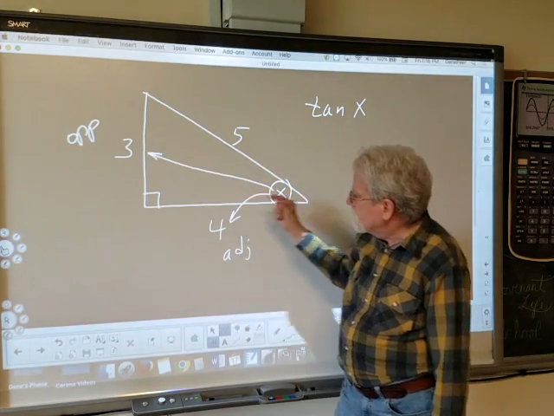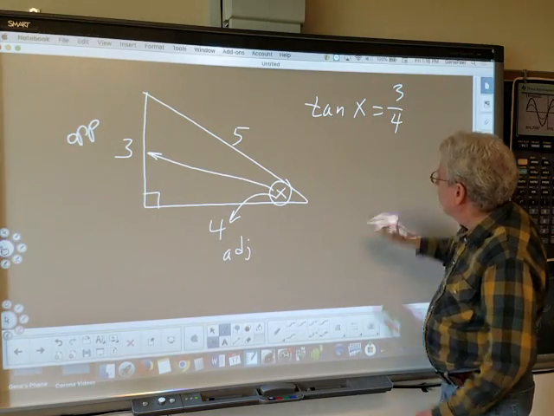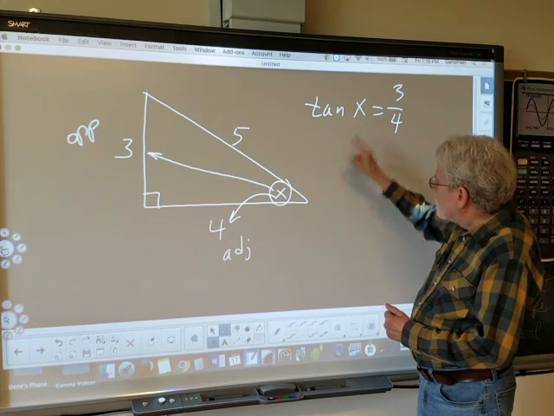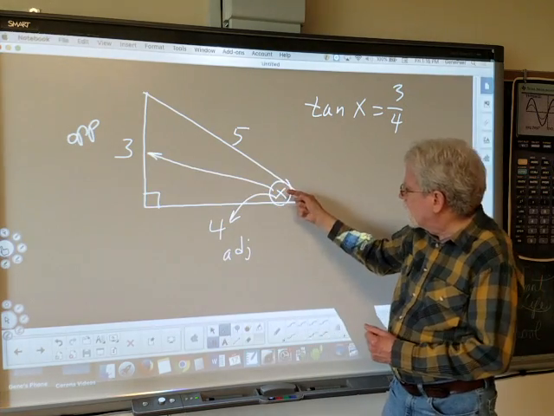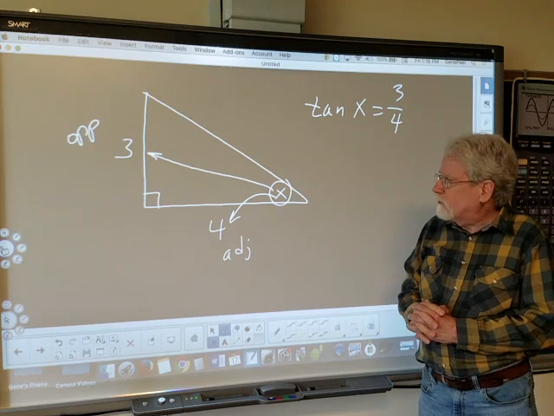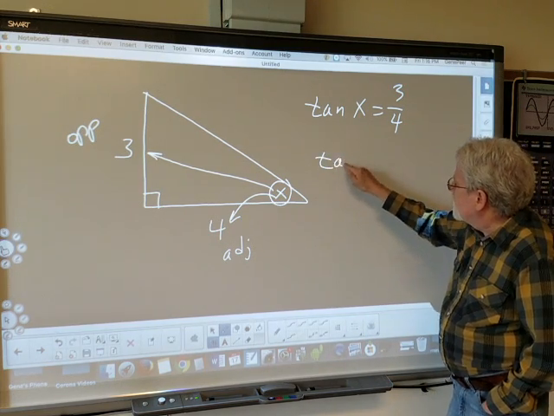That's 3 over 4. So the tangent of my unknown angle is its opposite over its adjacent. That 5 has nothing to do with this particular question. So we have tangent of x.